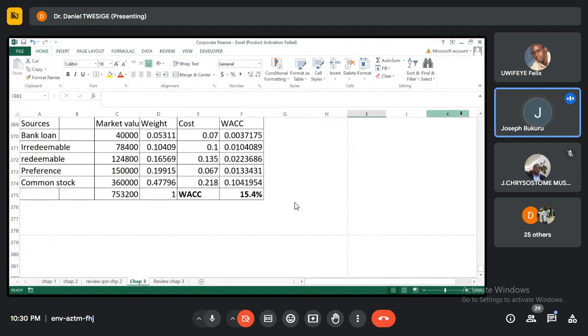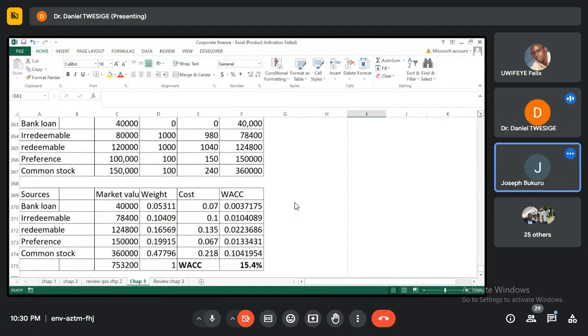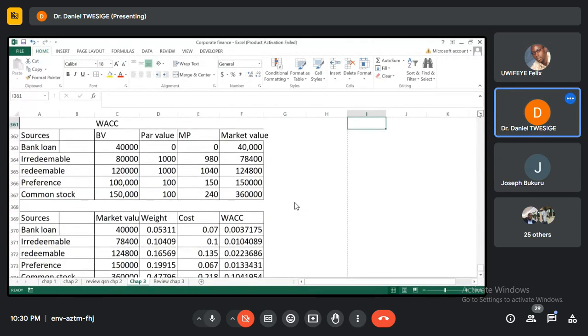Can you scroll up a little bit? Up to the first table.